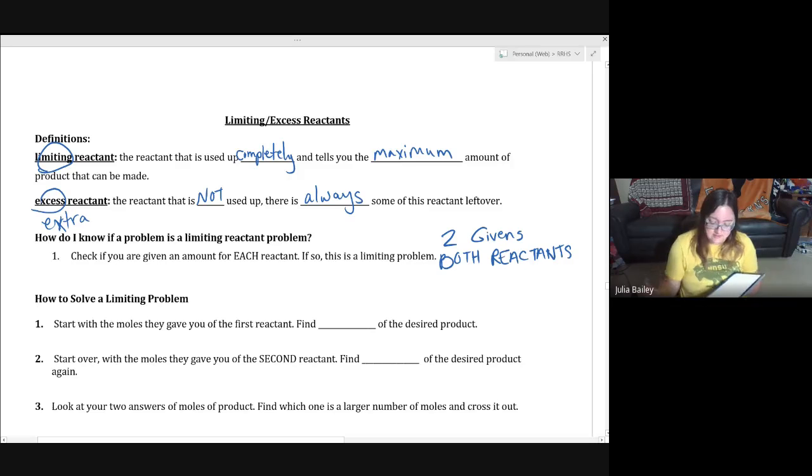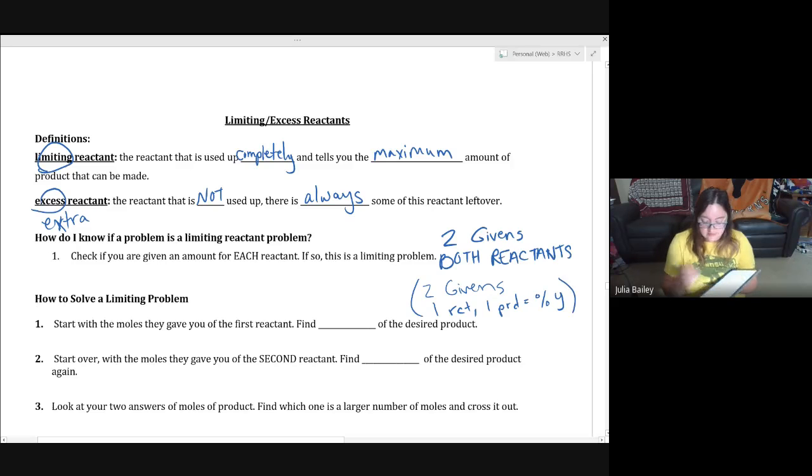We previously saw 2 givens where it was 1 reactant and 1 product. That was a % yield problem. But if you have 2 givens where they are both reactants, then that's what we're going to call a limiting and excess reactant problem. So you have to look at what the givens are.